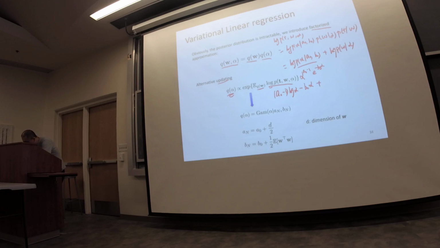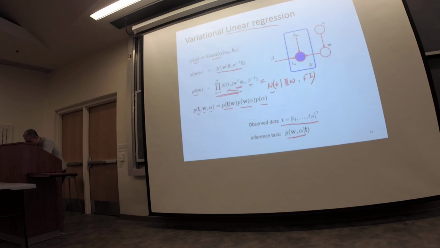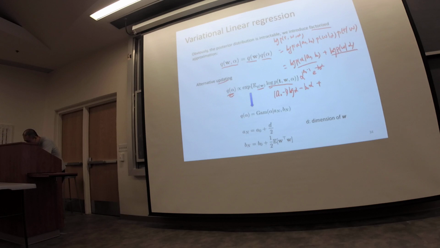And then let us look at the logarithm of the prior of w given alpha. So this is the log of a Gaussian. If you write down the joint probability, it is the determinant of 2 pi alpha inverse I to the power of minus half, and then exponential of minus half alpha w transpose w.